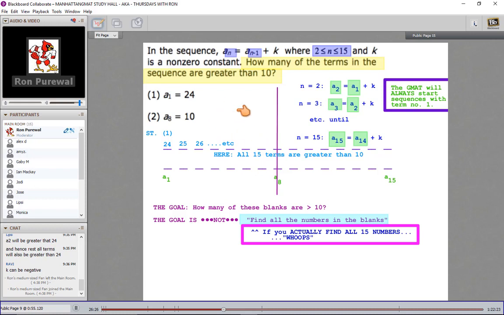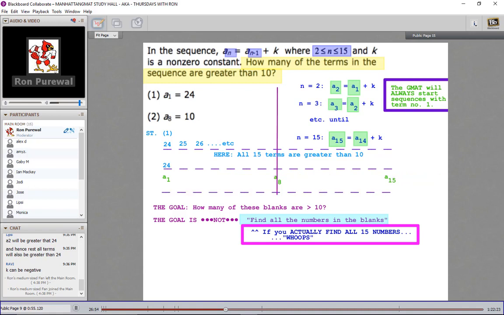As Ravi points out, you know that k can be negative. If you don't think of that right away, you can also look at statement 2, because remember, the statements have to work together. So when you see an 8th term less than the 1st term, even if you didn't think of negative increments right away, you should realize, oh, hey, I can have a negative increment. So, sure, right? Okay.